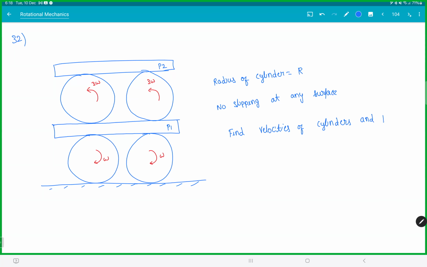The idea is still the same. The points where they are touching should have the same velocity.